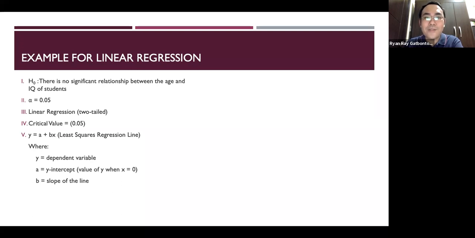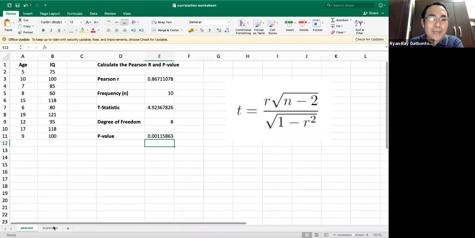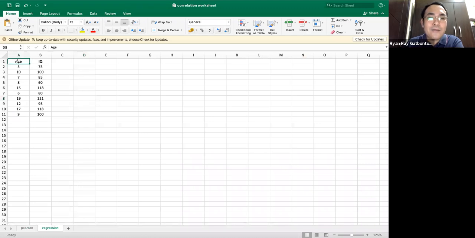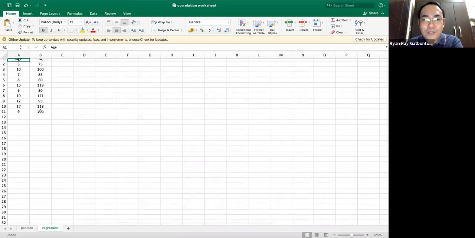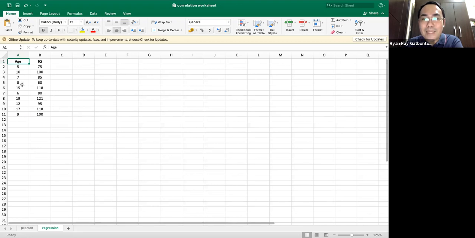To do this, again, we plot our data in Microsoft Excel, one column for the age and one column for the IQ. Now that we have entered our data, we first identify the least squares regression line by plotting these values in a Cartesian plane.